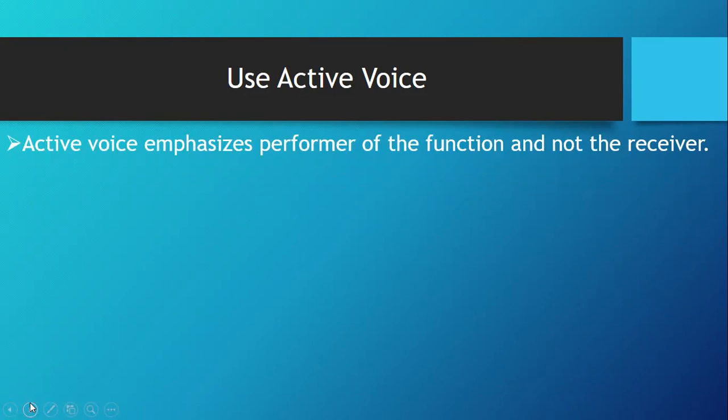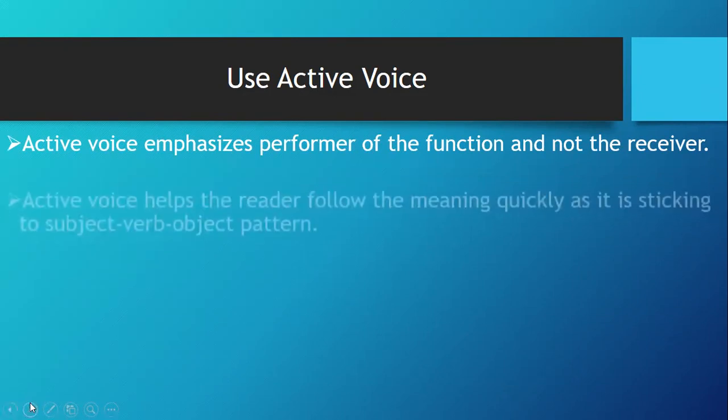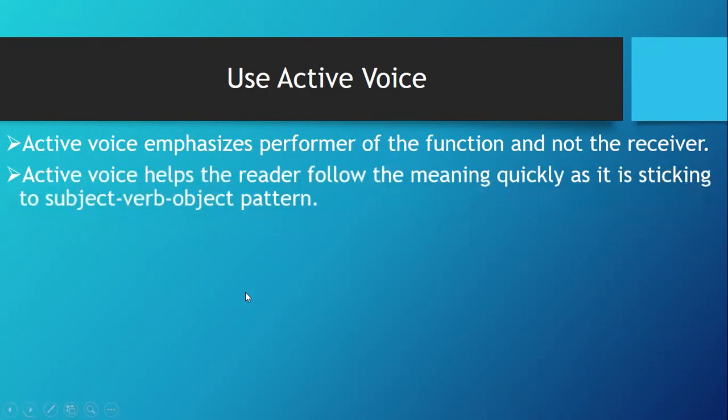The active voice emphasizes the performer of that function. It puts more emphasis on that. And it also helps the reader follow the meaning quickly, and it sticks to the subject-verb-object pattern. To stick to the subject-verb-object pattern helps the reader to follow the meaning more easily, more quickly, right?